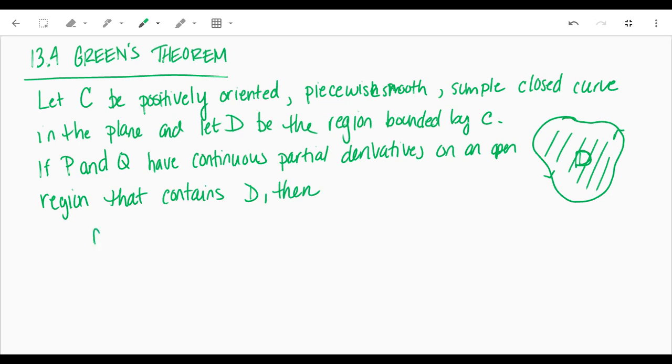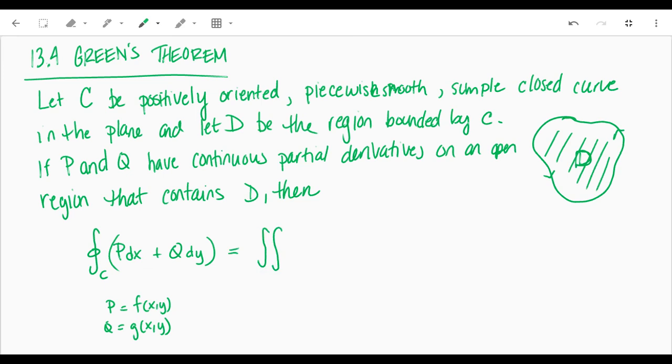Your line integral over C, I'm going to show it with the closed curve, of P dx plus Q dy, and remember P and Q are functions of x and y, equals this double integral over D of the partial dQ/dx minus dP/dy.